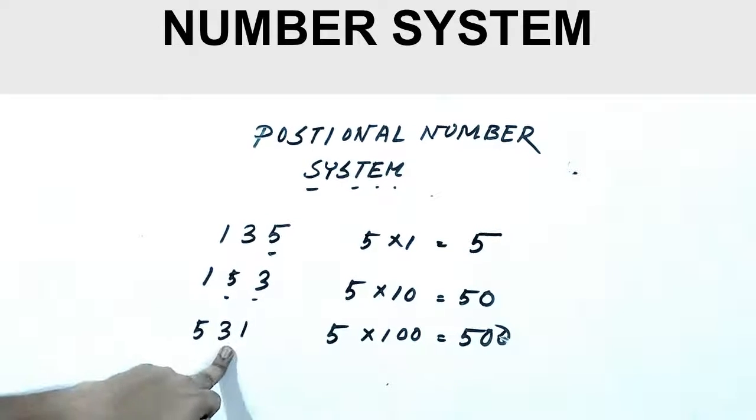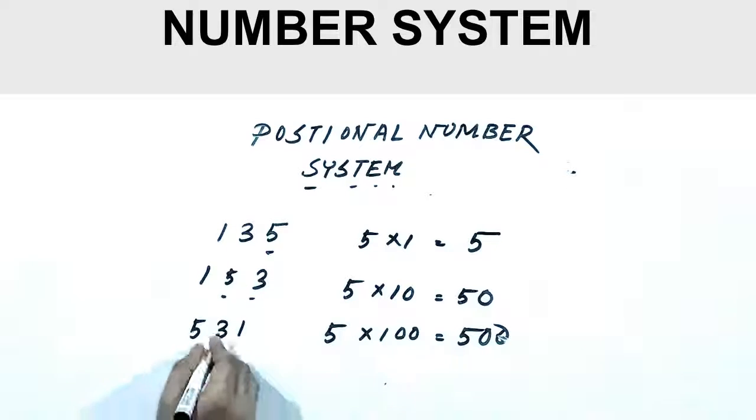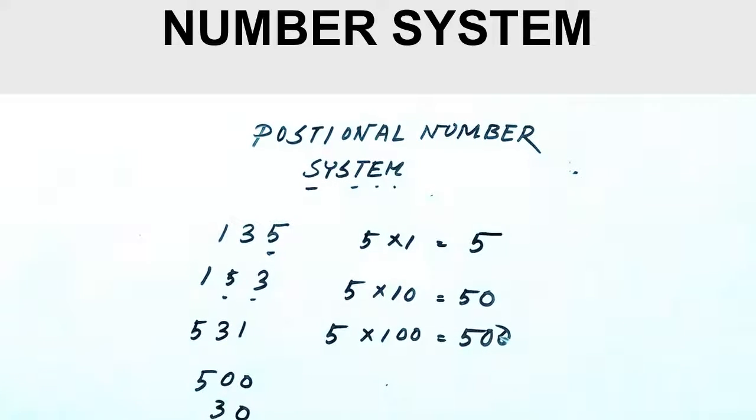Even 3 here is not 3, the weightage of 3 here is 30, right? That's why the weightage of 5 is 500, the weightage of 3 is 30, and 1 is in unit position, so it is 1. So that's why it is known as 531.